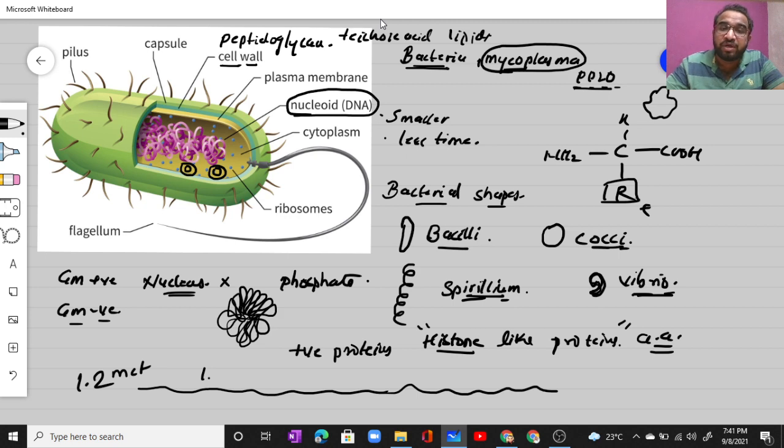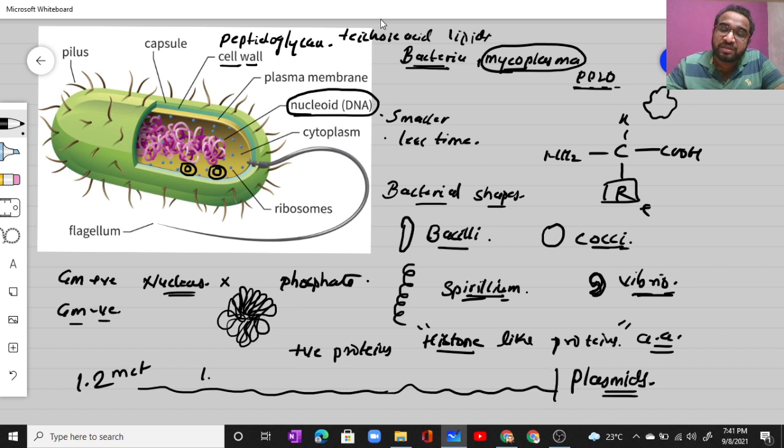These circular DNA are called plasmids. Plasmids are extra chromosomal, that is, they are not a part of the chromosome of the bacteria, but extra chromosomal DNA molecules which can replicate on their own and make their own copies. They can go on replicating if required.